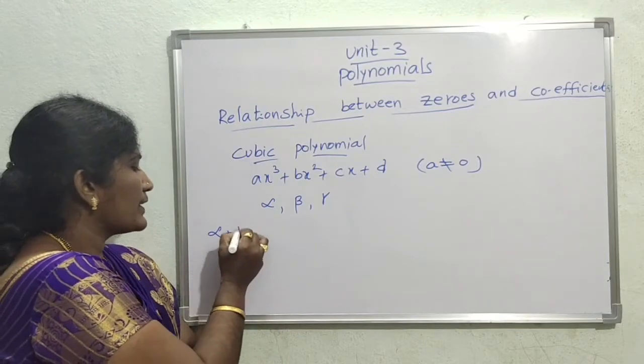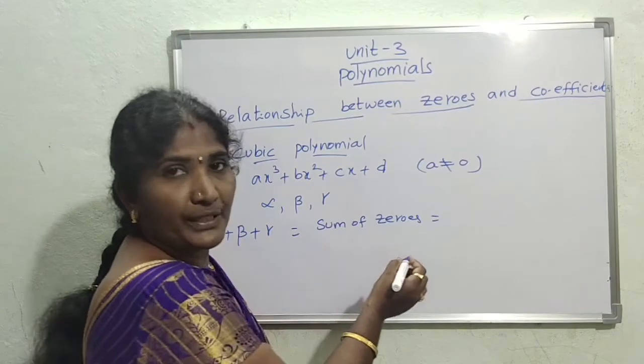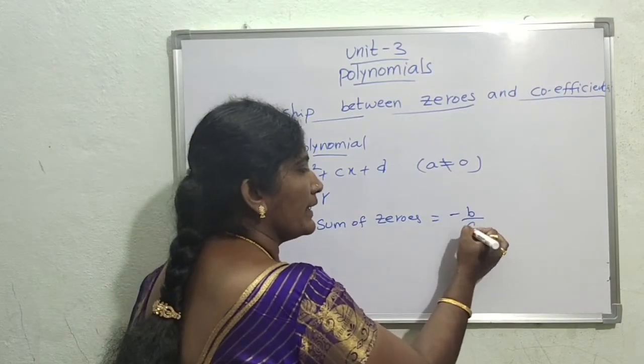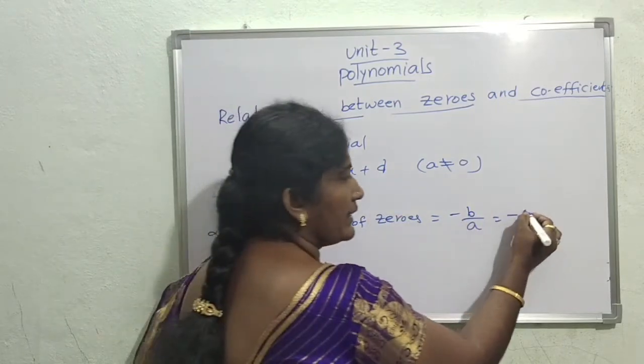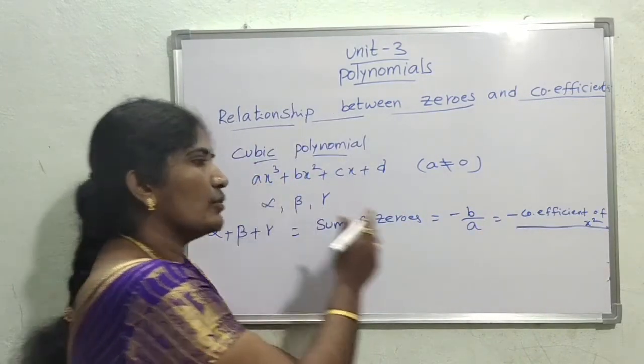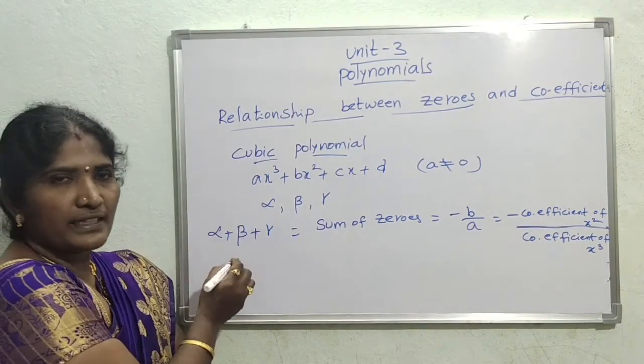First, sum of zeros: alpha plus beta plus gamma is equal to minus b by a. Here b means coefficient of x square and a is the coefficient of x cube. Next, product of zeros. Here 3 zeros are there, no?